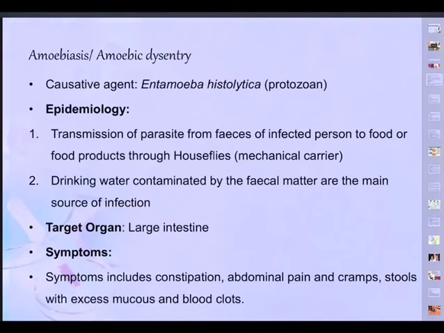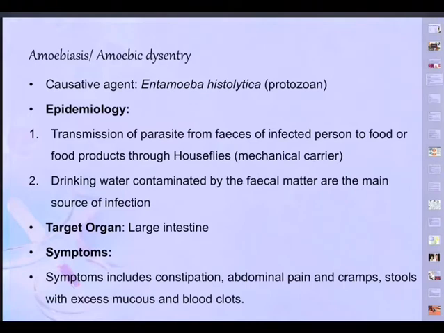So symptoms include severe abdominal pain, cramps in the stomach, loose motion with mucus and blood, followed by constipation. If we see these symptoms in a person, we understand that the person is suffering from amoebic dysentery.